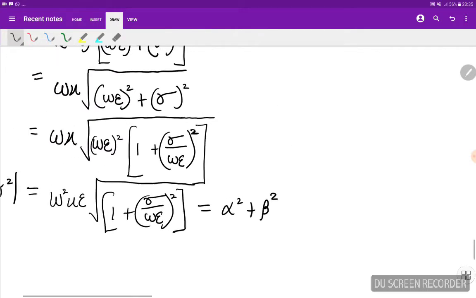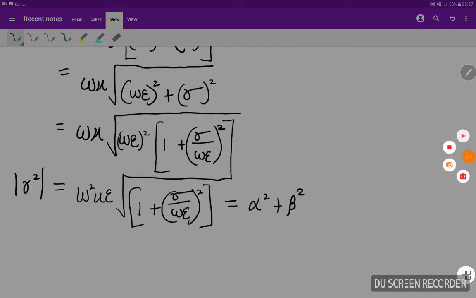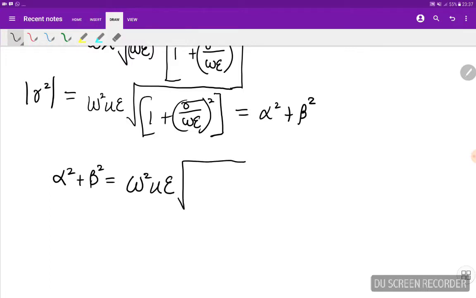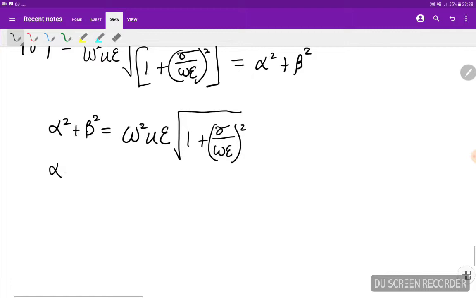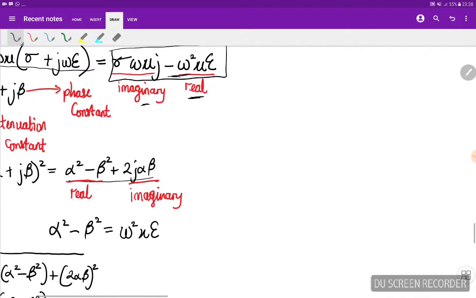Now doing simultaneous equation, we know alpha minus beta squared is equal to this. Alright, so we bring them together. Alpha squared plus beta squared equal to ω² με square root of 1 plus conductivity over ωε, all squared. And then alpha squared minus beta squared is equal to minus ω² με from this point here, the real side.